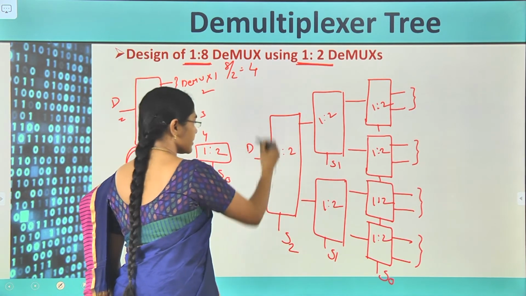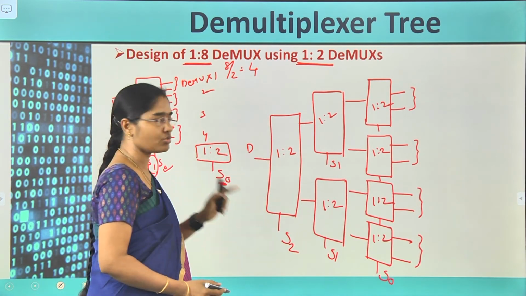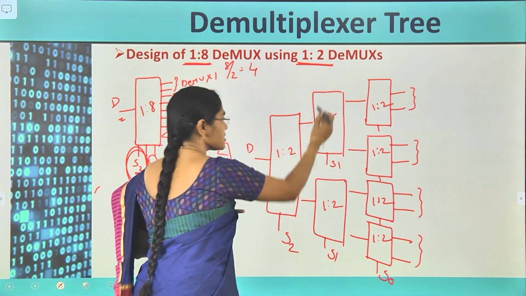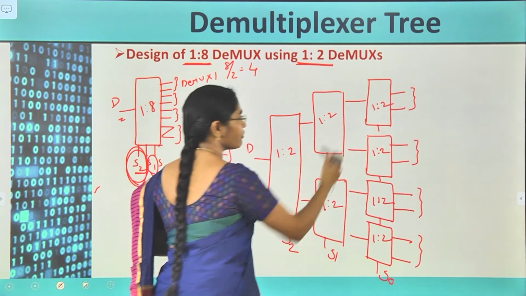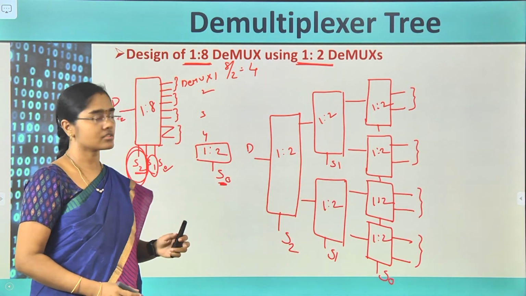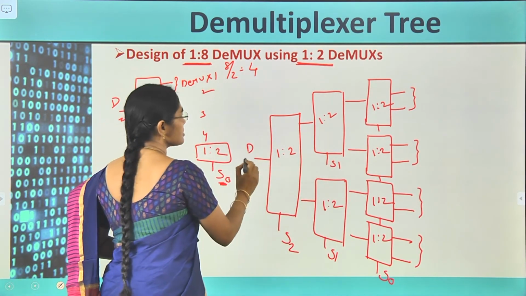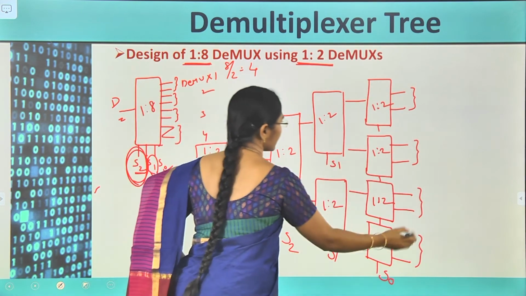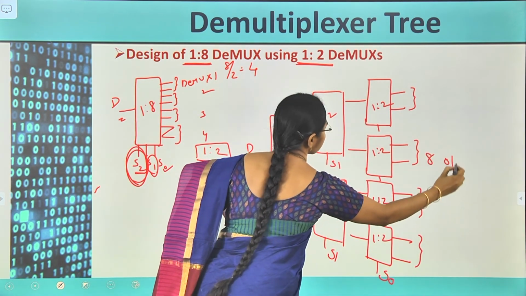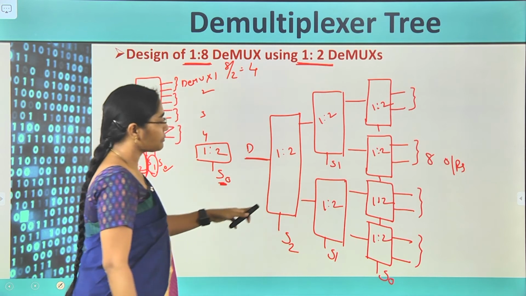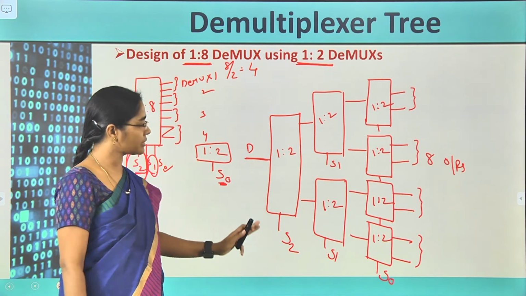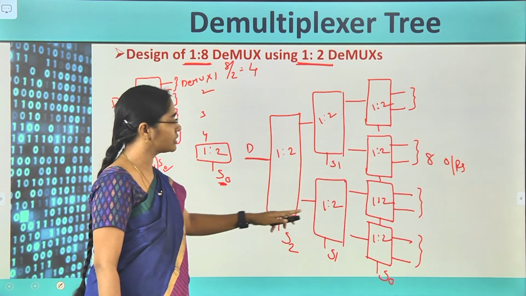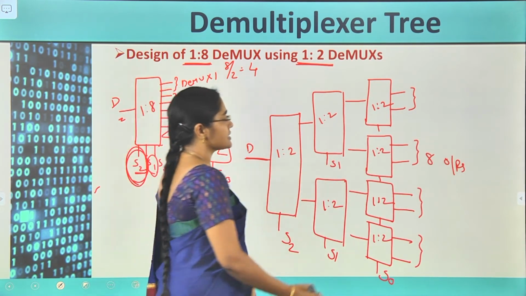So in the first stage we have one 1:2 demultiplexer, in the second stage 2 1:2 demultiplexers, and in the third stage 4 1:2 demultiplexers. Finally, we have 1 input and 8 outputs. So how many 1:2 demultiplexers are used? The total is 4 plus 2 plus 1, which is 7.